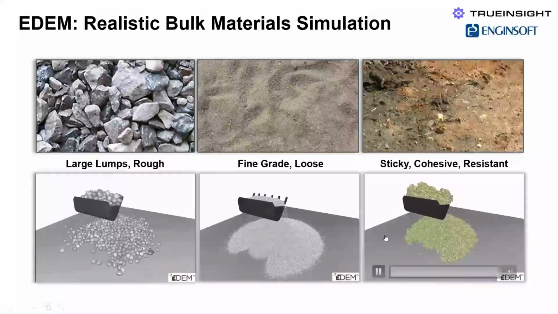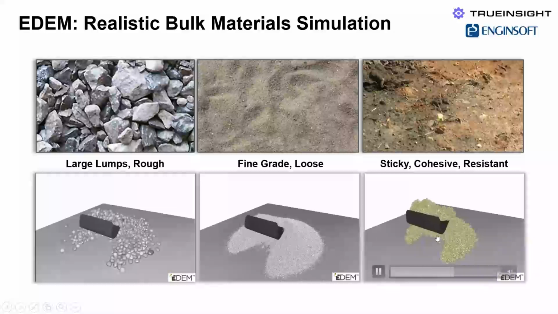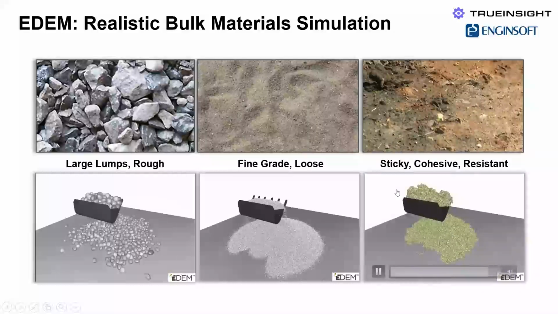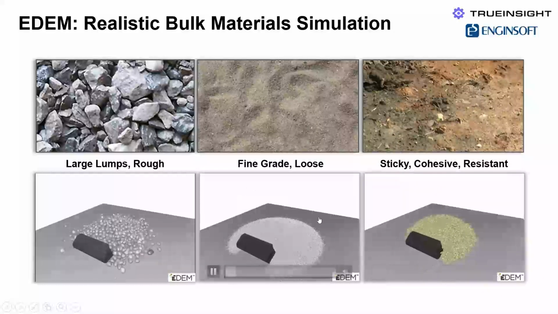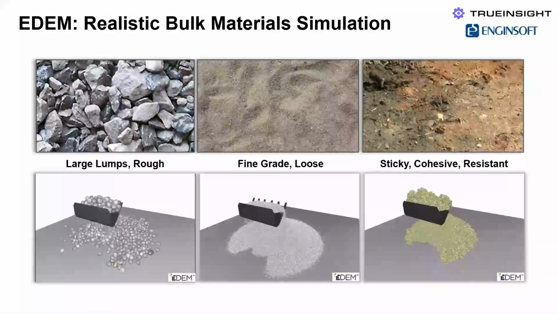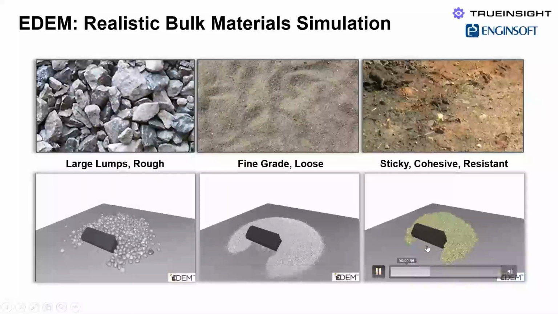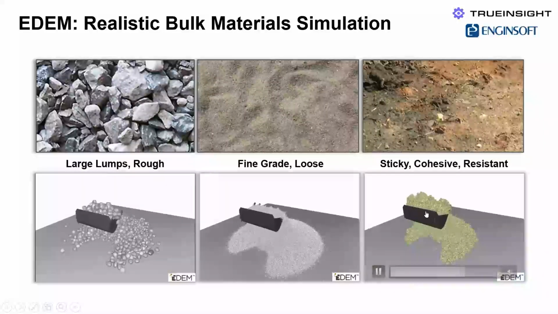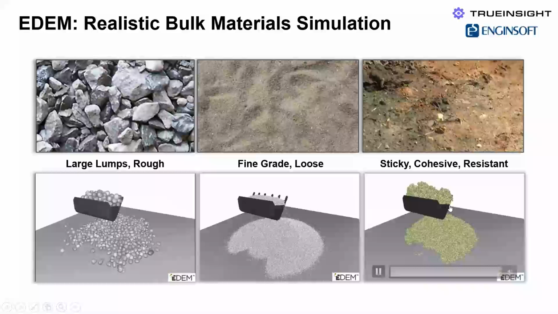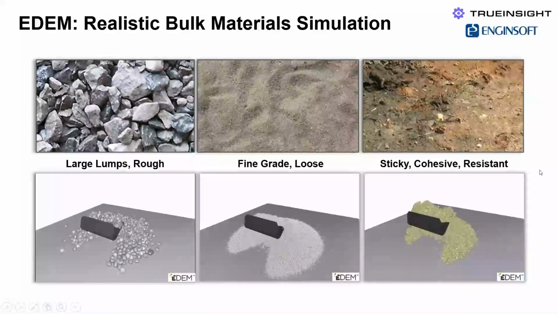So that's why you can see on the right all this material clumping together and so forth. Whereas the fine material falls off, and the top surface is quite smooth with the fine loose material, but with the sticky material, things clump up. And it can be really important to be able to evaluate that behavior.